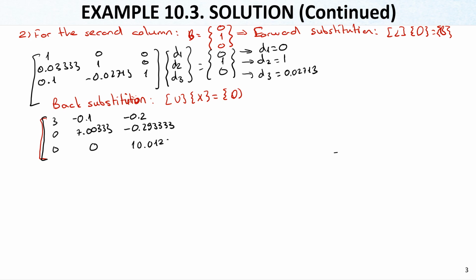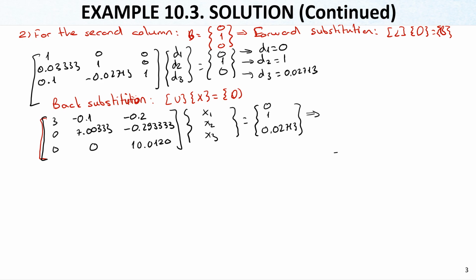And these are 0, 1, 0.02713 equals, actually these are x's, sorry. These will be on the other side: x1, x2, x3, and these are 0, 1, 0.02713.